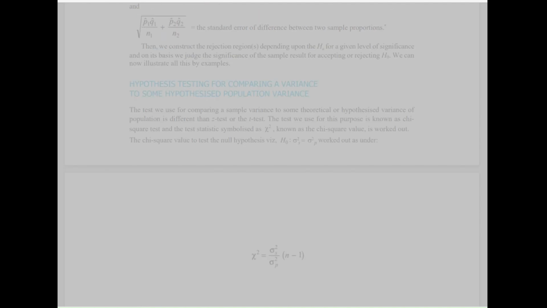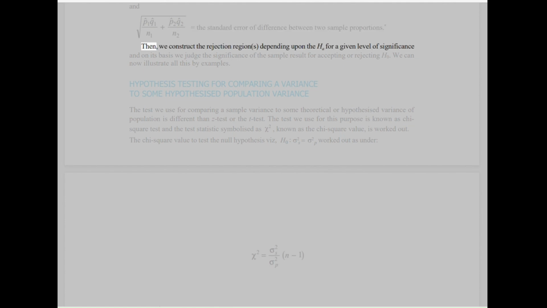Pause the video to look at the formula, where p1 is equal to proportion of success in sample 1, p2 is equal to proportion of success in sample 2, q1 is 1 minus p1, q2 is 1 minus p2, n1 is equal to size of sample 1, n2 is equal to size of sample 2, and the last term is equal to the standard error of difference between two sample proportions.